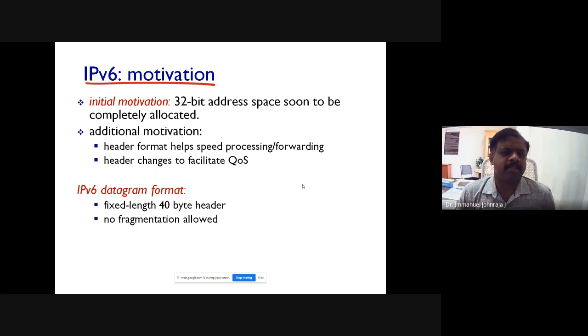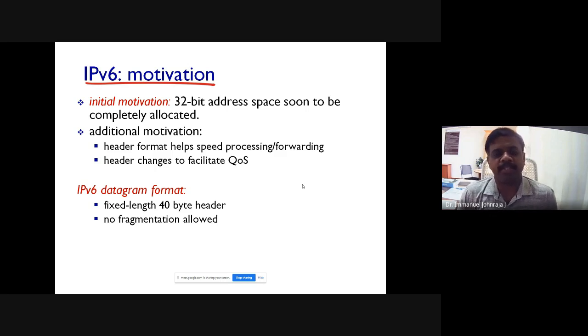All right, address depletion is not the only thing that motivated scientists and researchers to come up with IPv6. There are a few other motivations, as you can see on the screen. The header format was changed to speed up processing. They found some limitations in the IPv4 header format and its size, and they also made minor enhancements to improve quality of service. If you do not know what quality of service is, the point is very simple.